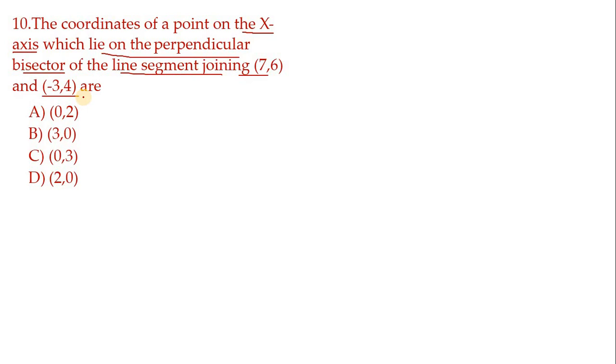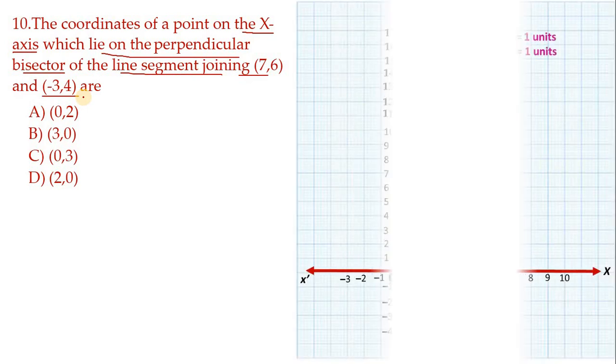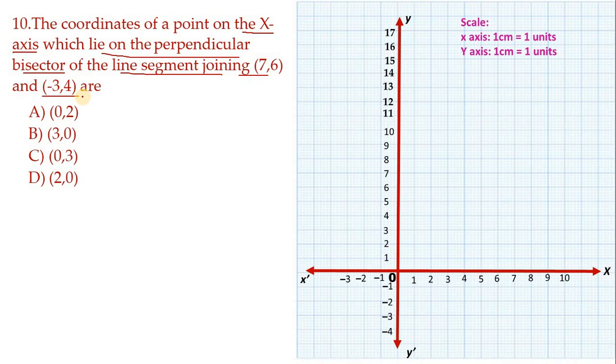To make you understand here, let me take a graph. Now let me draw the graph for these two coordinates. So I'll get this straight line. What they are saying is there is a perpendicular bisector of this line.